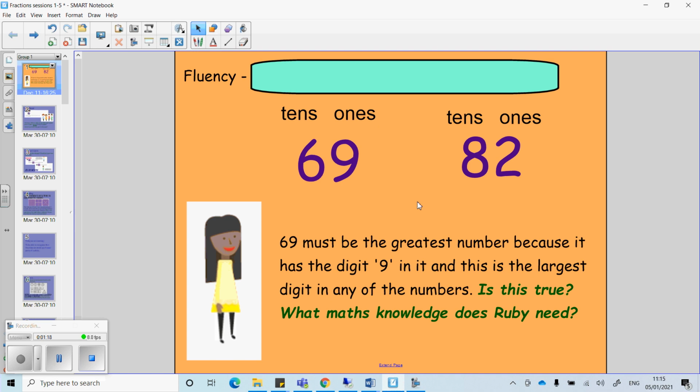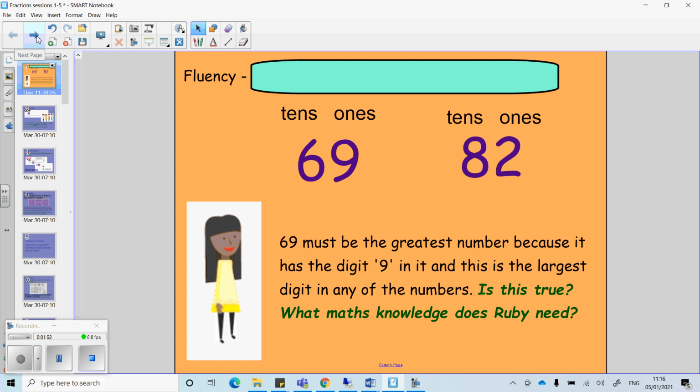We know that tens are greater than ones, so we need to look at the numbers by looking at the tens digit first. That will tell us which number is larger because tens are larger than ones. This number 69 has 6 tens and this number 82 has 8 tens. 8 tens is greater than 6 tens and 82 is our largest number.